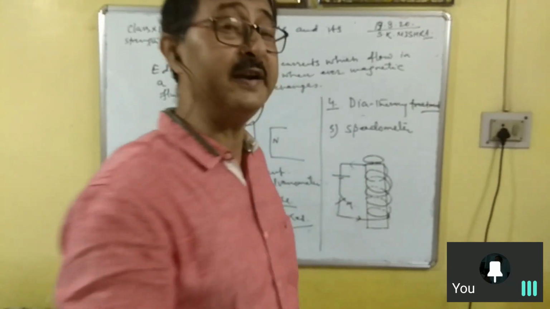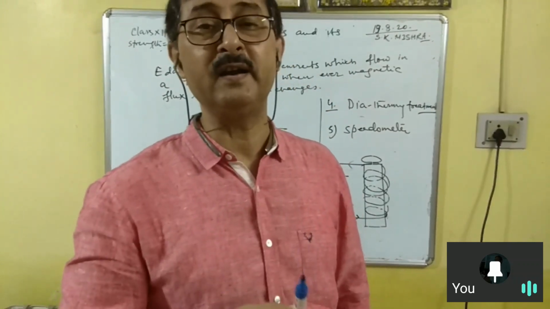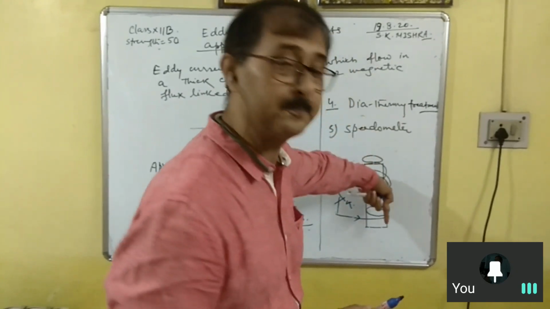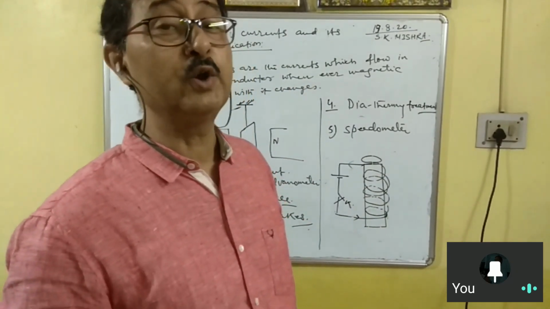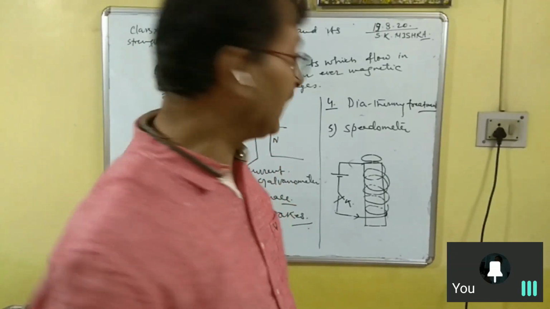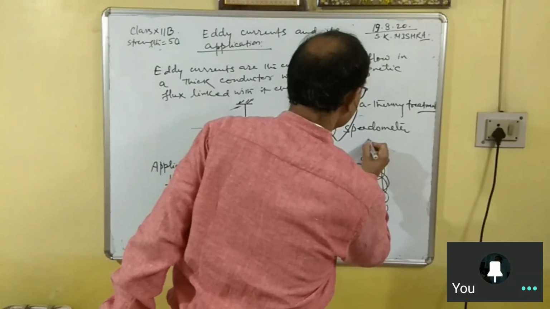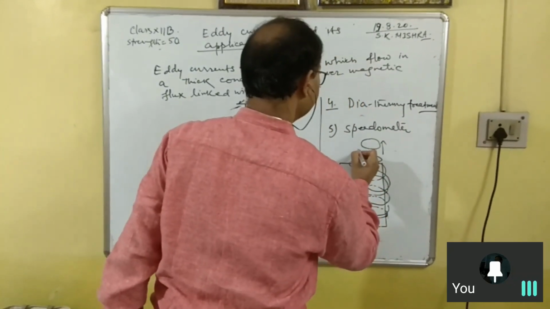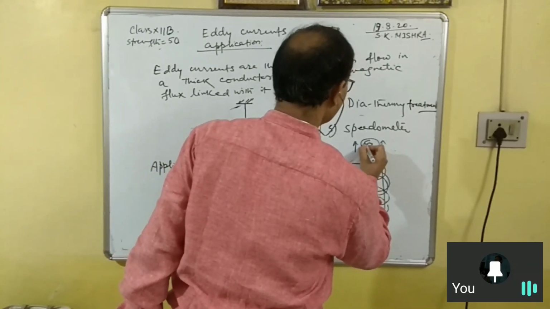How will it oppose the increase in magnetic field? By applying its own magnetic field in the opposite direction. So the lower face of the disc will have north pole, and north will repel north, so the disc will be thrown away like this, and the current will also be in the anti-clockwise direction.